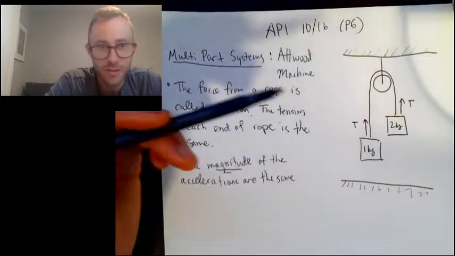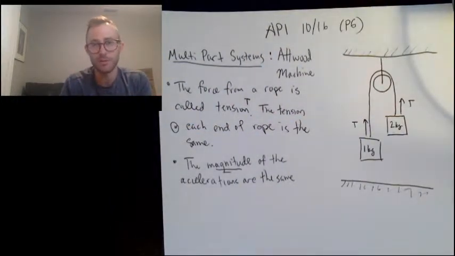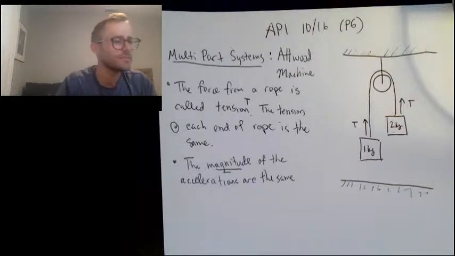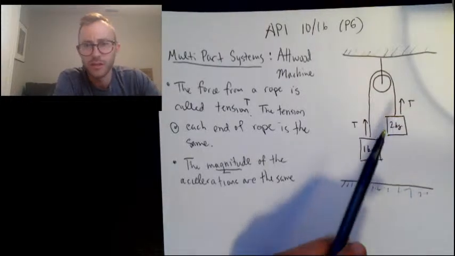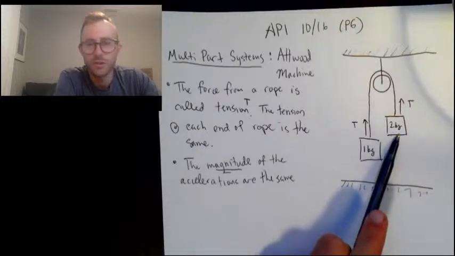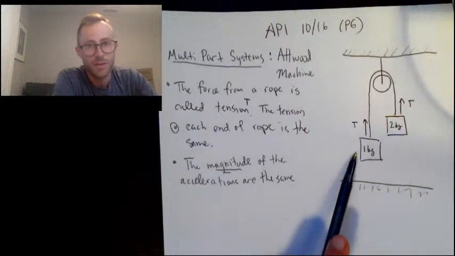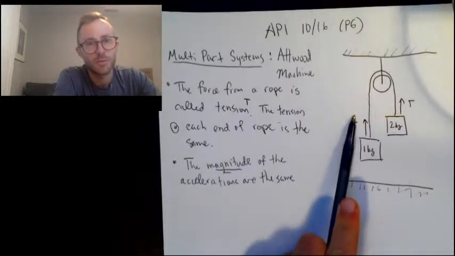So that means their position time graphs are going to look the same, and if their position time graphs look the same, then their velocity time graphs are going to look the same, which means they're going to have the same acceleration, okay? But the 2 kilogram mass is going to accelerate downward, and the 1 kilogram mass is going to accelerate upward.